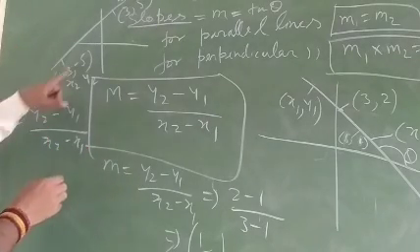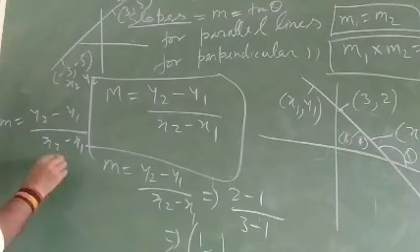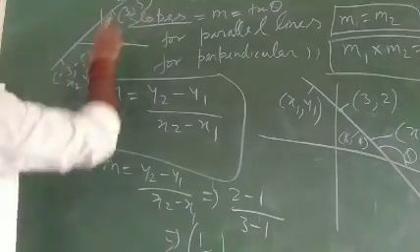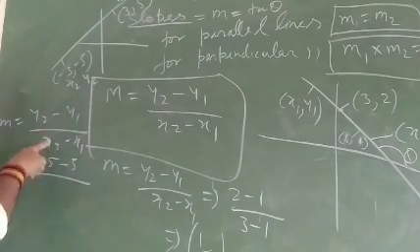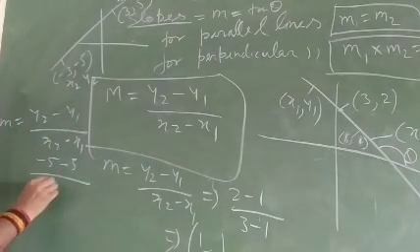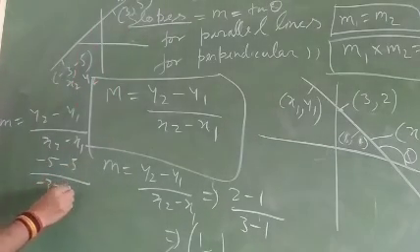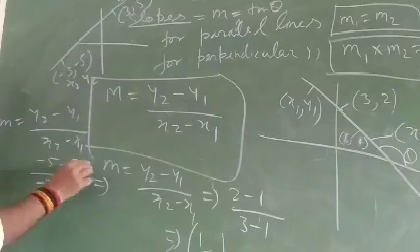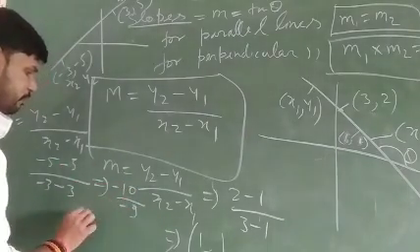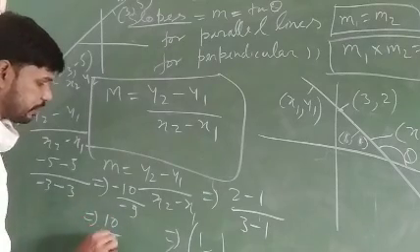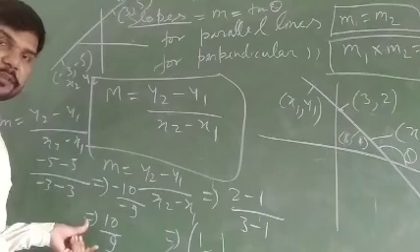Y2 minus y1 means minus 5 minus 5, upon x2 minus x1 means minus 3 minus 3. What you will get, minus 10 upon minus 9. Minus will cancel out. This will be 10 upon 9. So you will get the slope 10 upon 9.